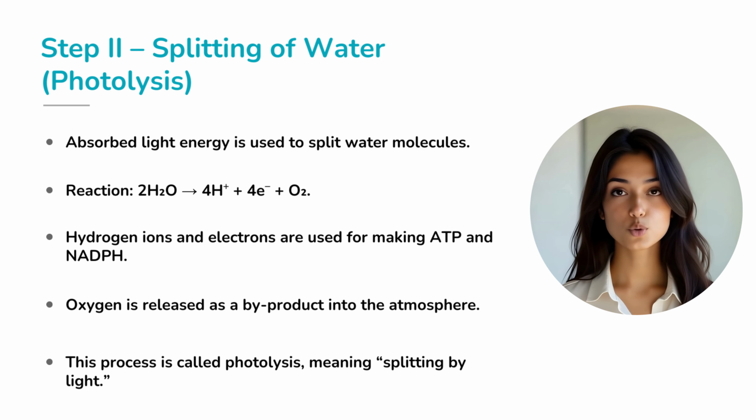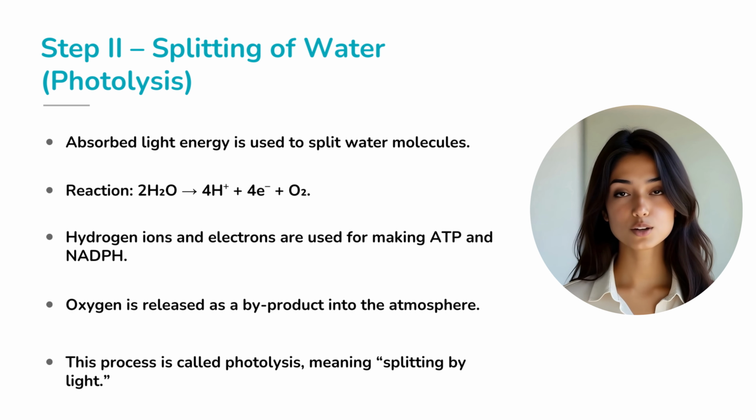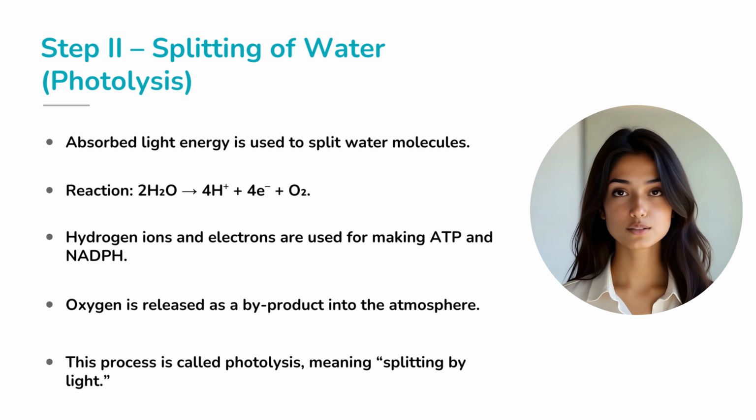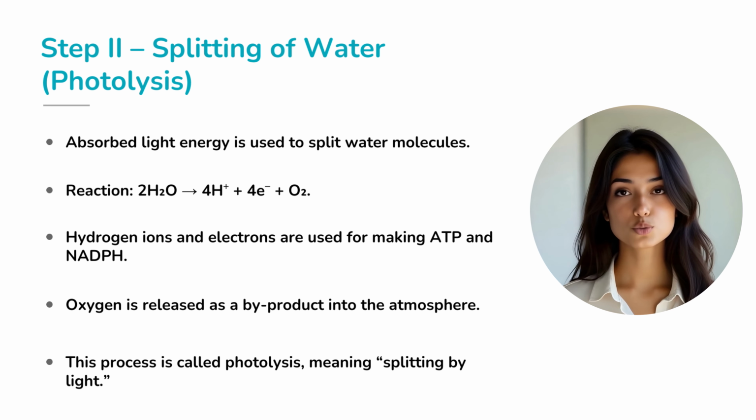Next comes one of the most amazing steps, the splitting of water, also known as photolysis. Here, the absorbed light energy is used to break down water molecules into their components: hydrogen ions, electrons, and oxygen gas. The reaction looks like this: 2H2O gives 4H+, 4 electrons, and O2.